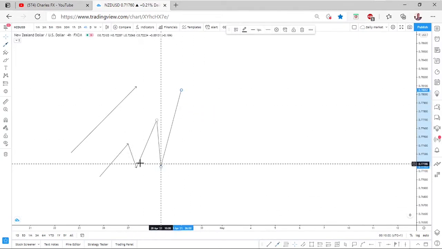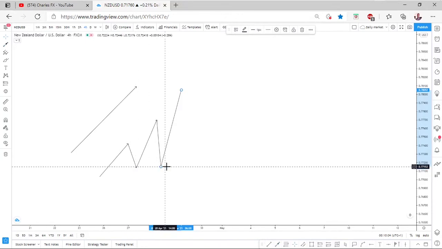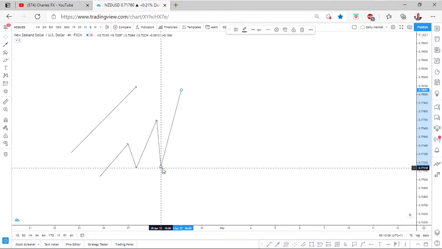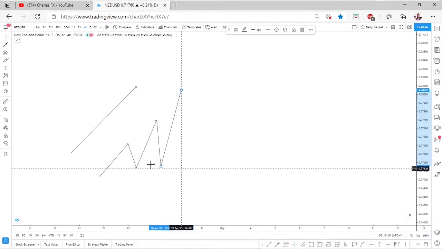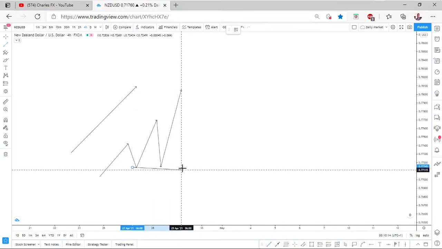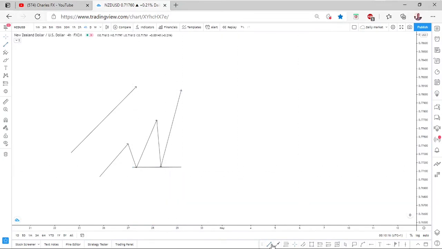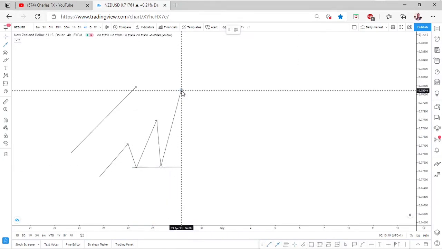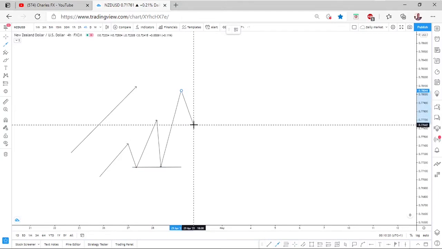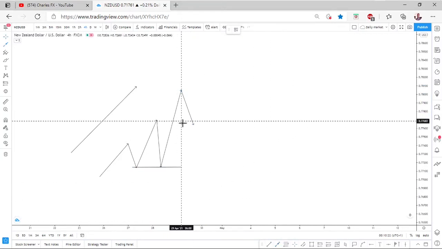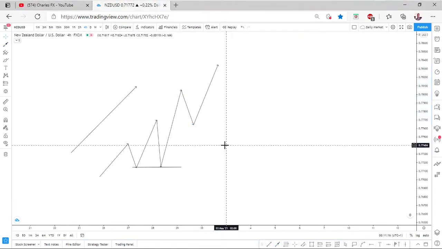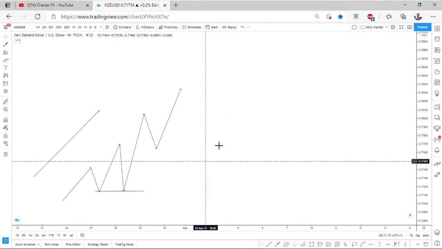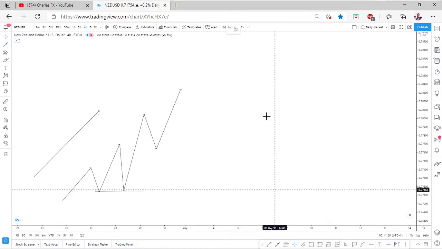From here, you can either say the market has made a double bottom or makes an equal low, but it's still an uptrend because it has not violated this previous low that was made. So what we expect the market to do now is also to make a retracement, make a low, then make another higher high.